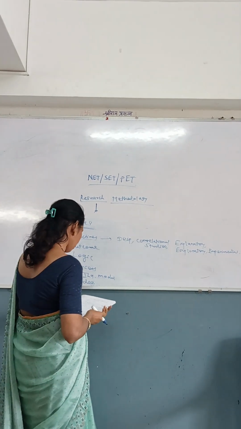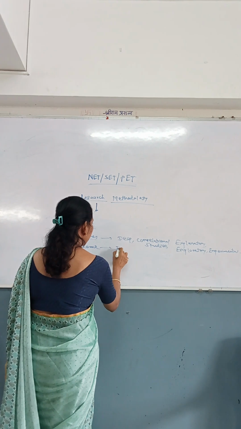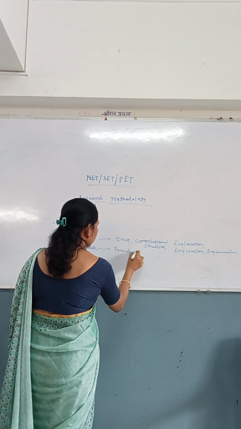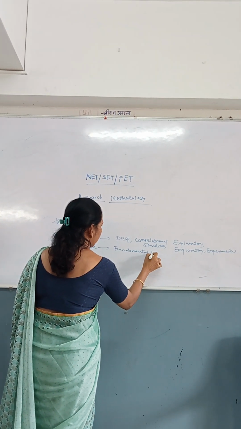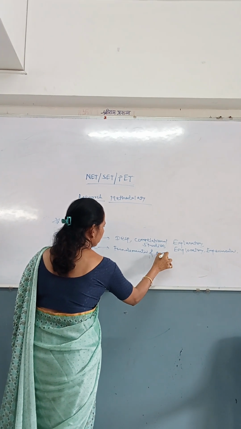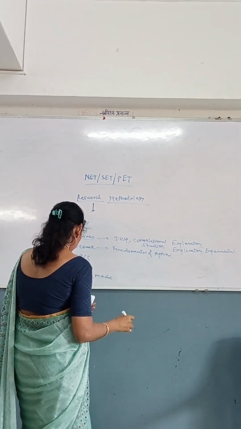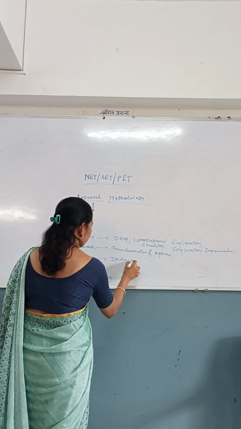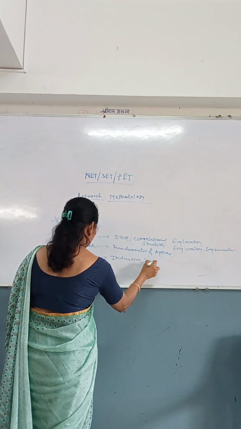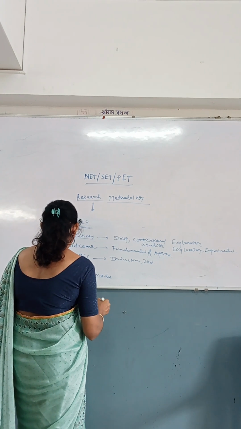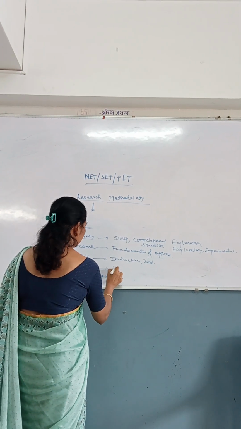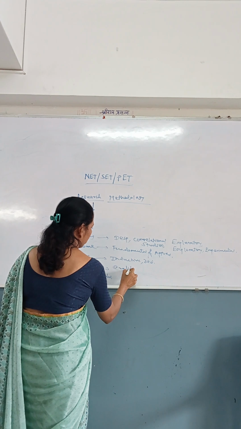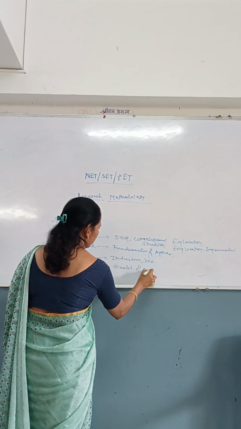Then the second one is the outcome. These are the fundamental and applied research. Then the third one is logic, that is inductive and deductive. Then the fourth one is the process, qualitative and quantitative.